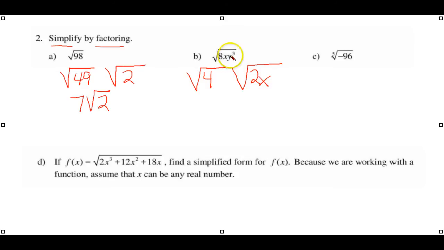Now how about y to the third? Is there a perfect square factor? Well, y to the second would be a perfect square factor, and what would be left over here is y. So now we take the square root of that, and we get 2y times the square root of 2xy. And we have simplified this by factoring.